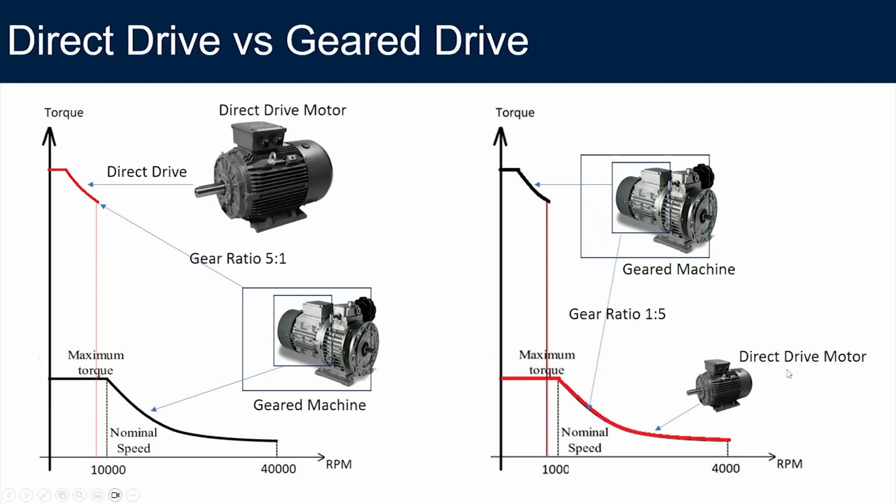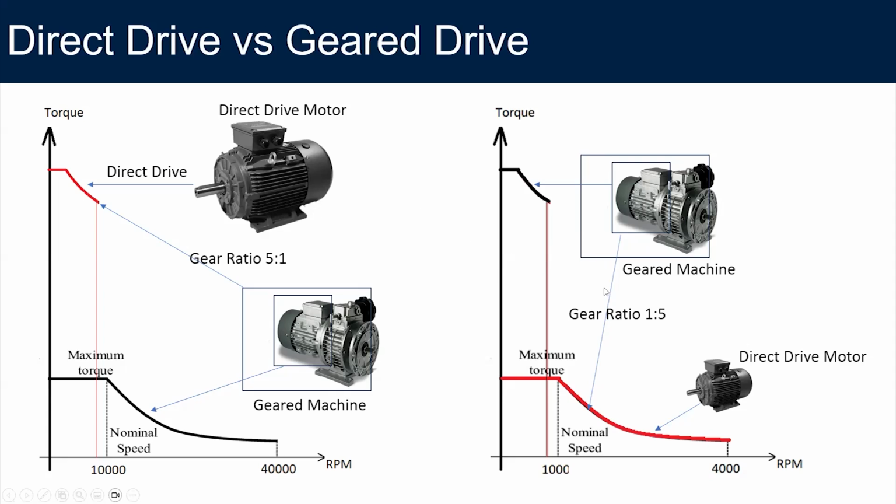So usually if you look at a low-speed machine and a high-speed machine, the lower speed machine, we can design it to be lower weight, so it's lighter. If you want to achieve the same torque speed with a geared machine, you would need to couple it with a gearbox, which adds weight to the package.